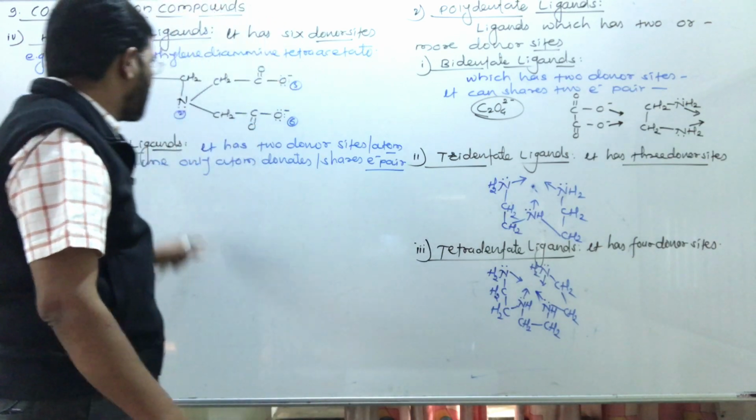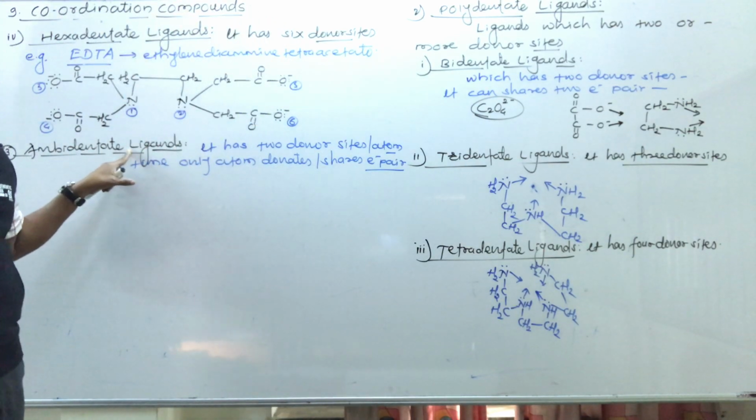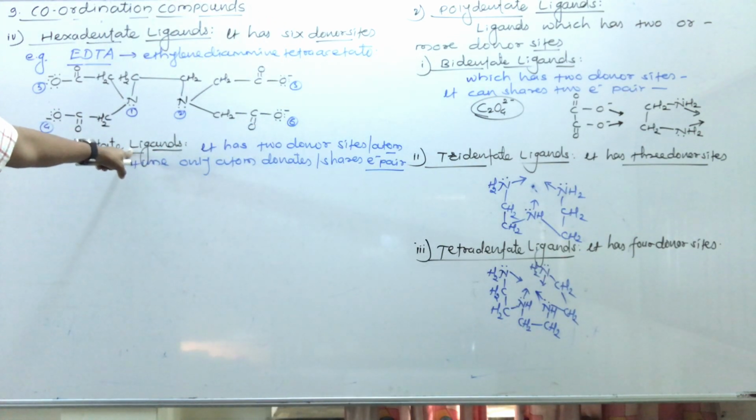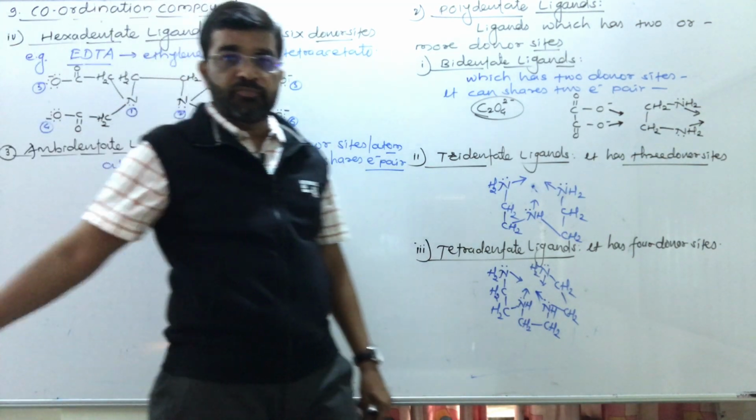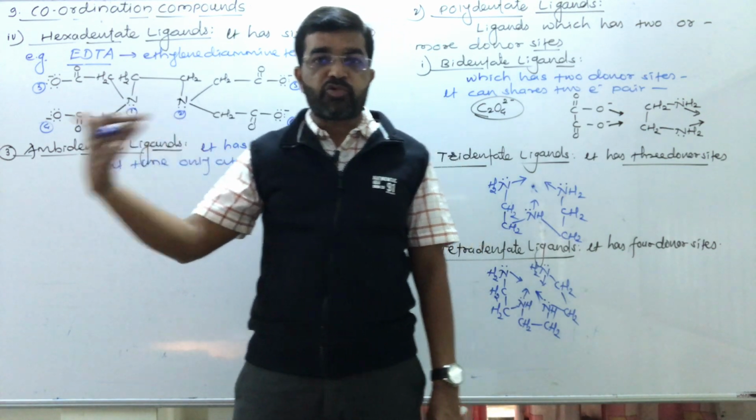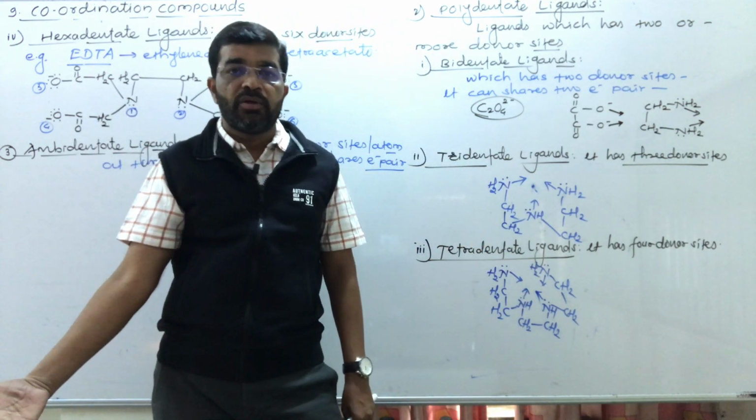So that is called an ambidentate ligand. Either one of the atoms donates its electron pair to the central metal atom or ion.